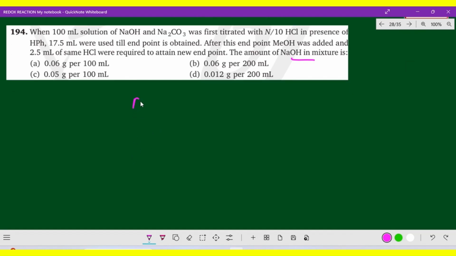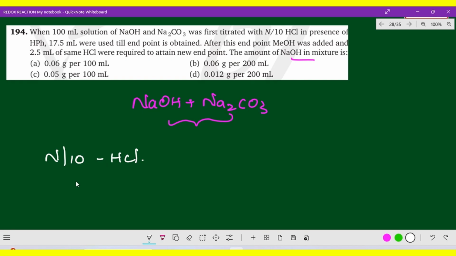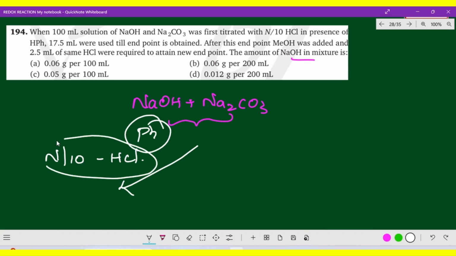So here, the mixture of the solution is NaOH plus Na2CO3. In that mixture we are using N by 10 HCl. With the phenolphthalein indicator, the volume of HCl required is 17.5 ml.